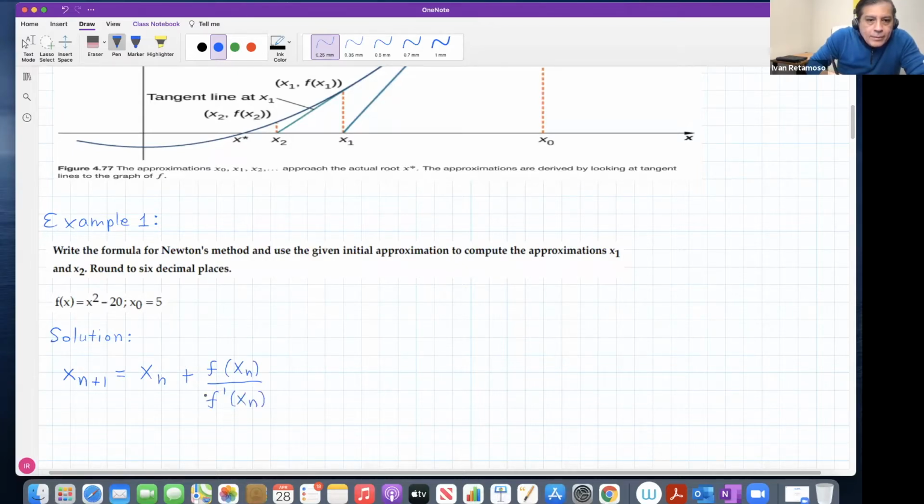To put it simply, guys, out of xn, the previous guess, you get the next guess, xn plus 1. This is the general formula.